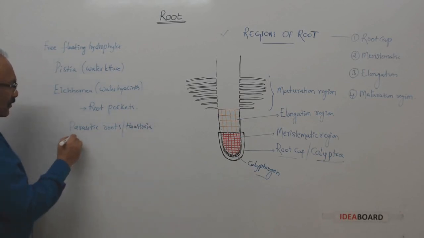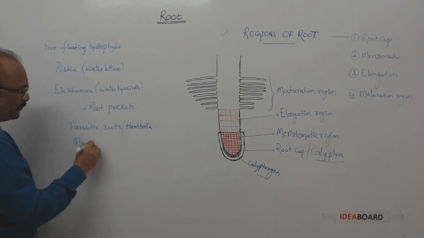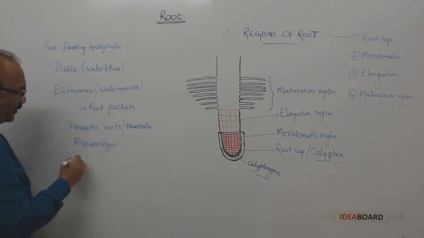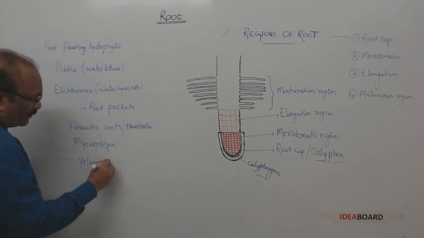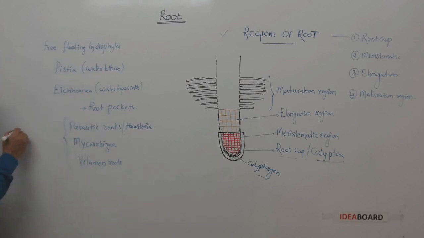And also we come across some mycorrhizae, and also some velamen roots. So in these, root caps are absent.